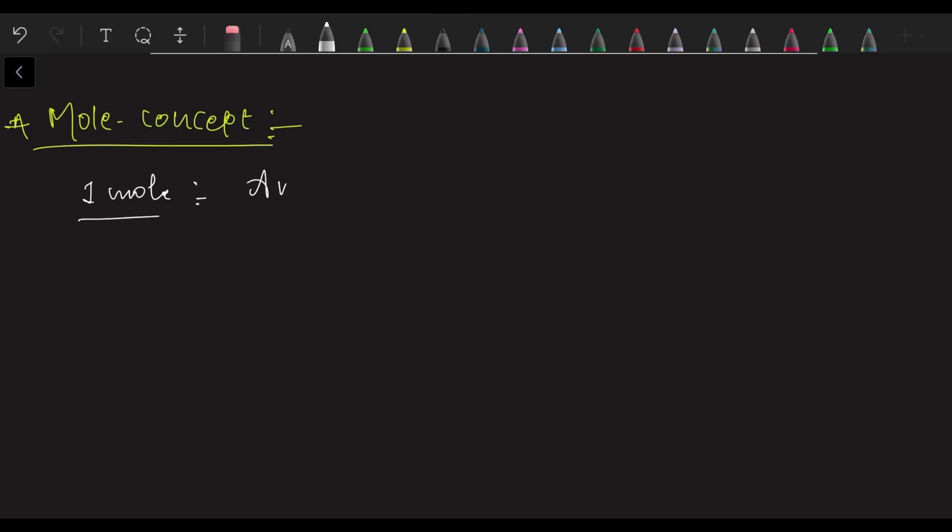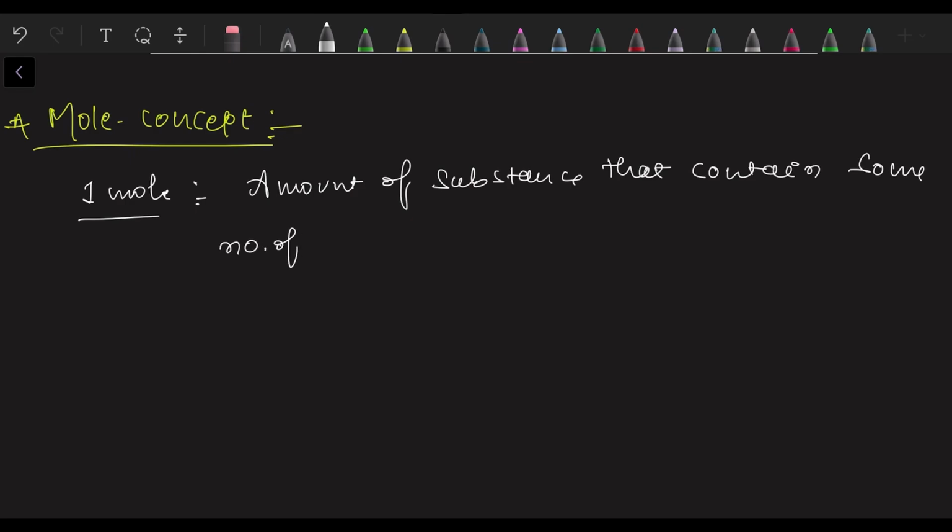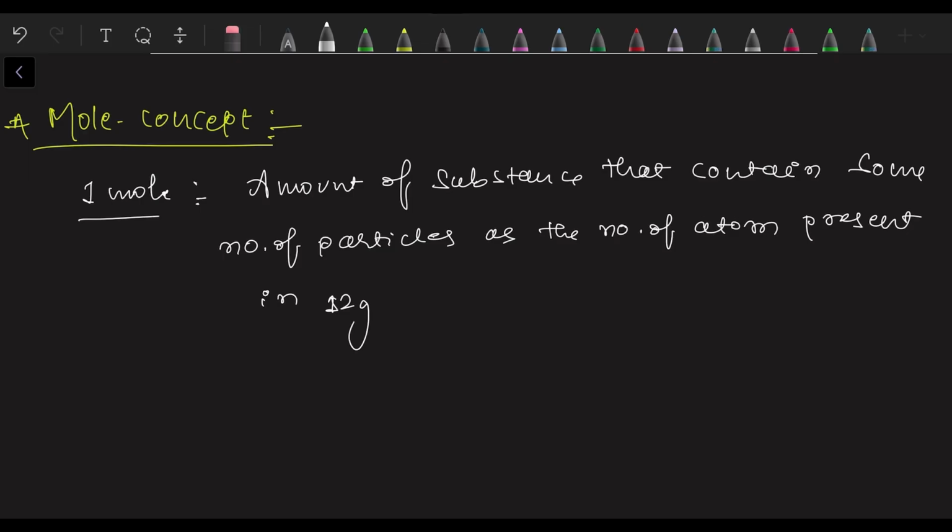It is the amount of substance that contains the same number of particles as the number of atoms present in 12 gram of carbon 12 isotope is known as 1 mole.